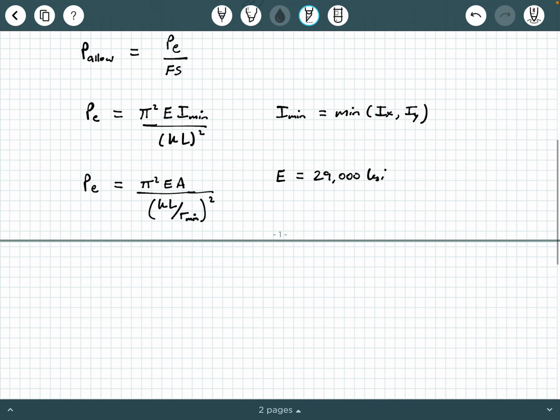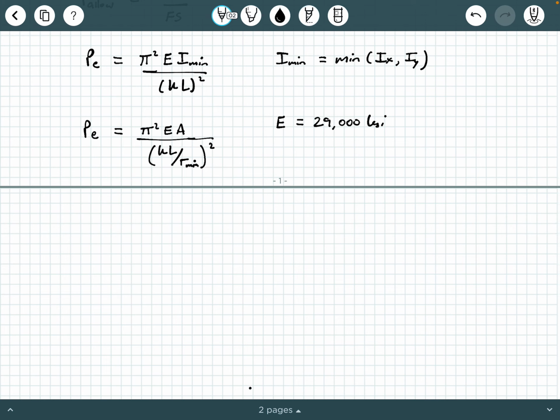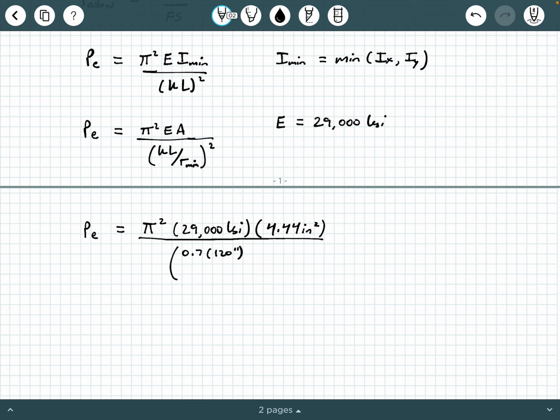So if we substitute these values in, we have P sub E equals pi squared times 29,000 ksi times the cross-section area, 4.44 square inches, all divided by 0.7 times 120 inches divided by the radius of gyration, 0.876 inches, and then we square that whole term in the denominator.